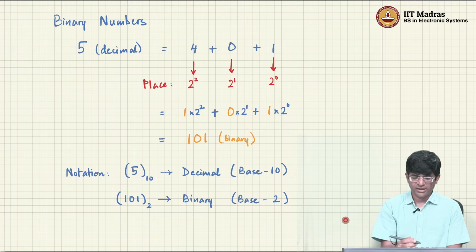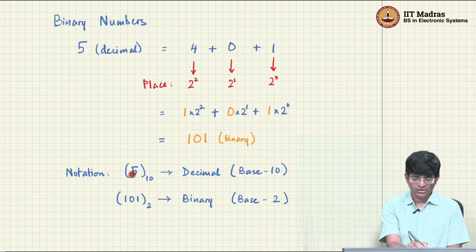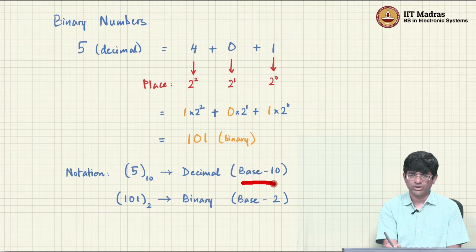This is some notation that we'll be seeing quite a lot of as we move forward. Usually we say that we put the number 5 within parentheses and just put this subscript out here, this value at the bottom right. When I put the number 10, essentially what I mean is that this is the number 5 in decimal, that is the base that I am using in order to do this representation is 10, meaning that everything is in 10 power 0, 10 power 1, 10 power 2, the units place, the tens place, the hundreds place, and so on.